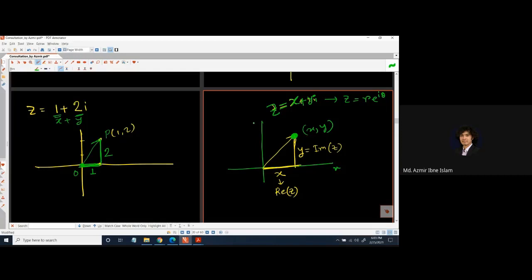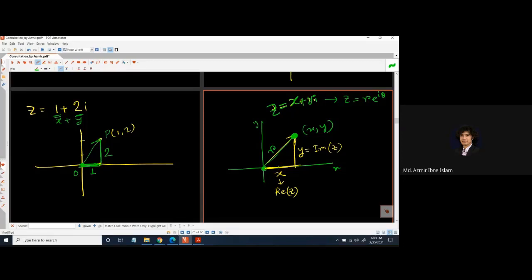That is, we have the x-axis and y-axis. The x-axis is real and the y-axis is the imaginary axis. So for the distance from the origin to the point, you can think about a right angle triangle. That means this is the perpendicular, this is the base, and this is the hypotenuse. So the distance from the origin to the point is a number. So this is r.